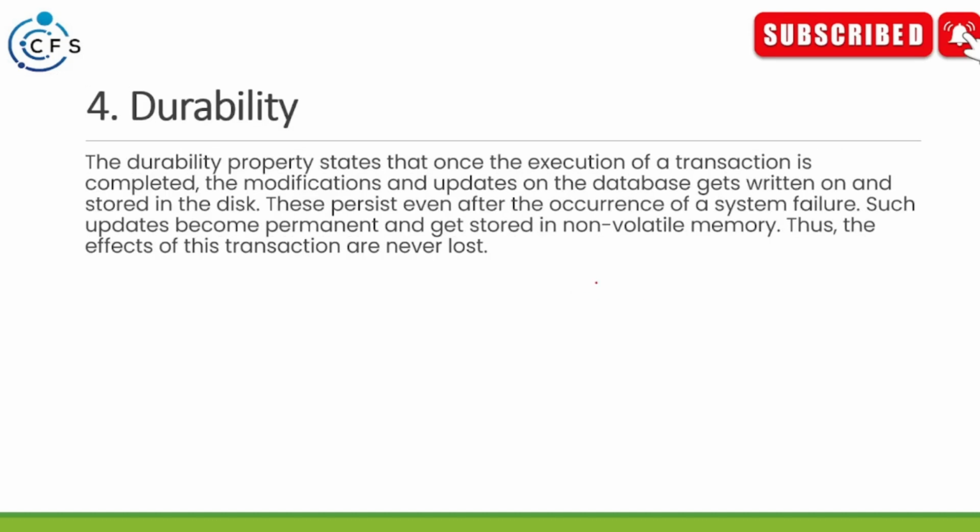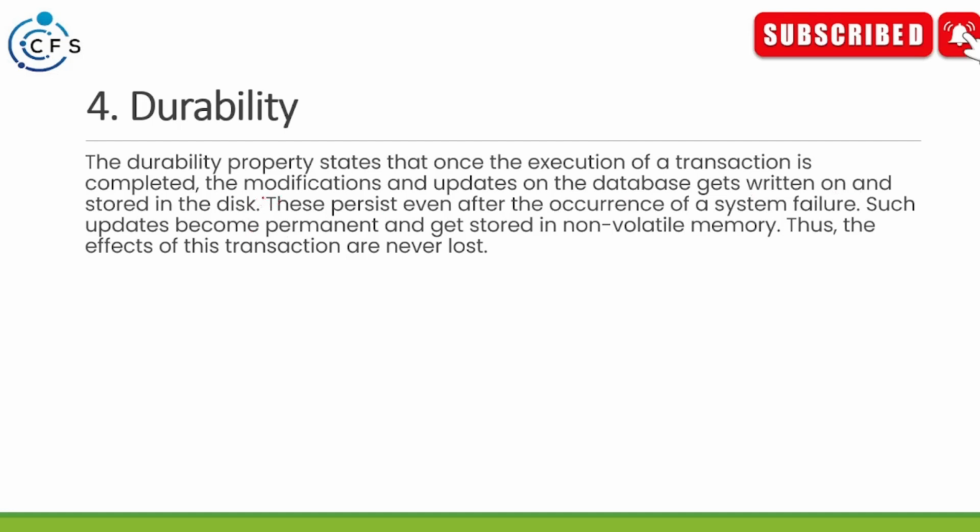Let's go with durability. The durability property states that once the execution of a transaction is completed, the modifications and updates on the database get written and stored in the disk.